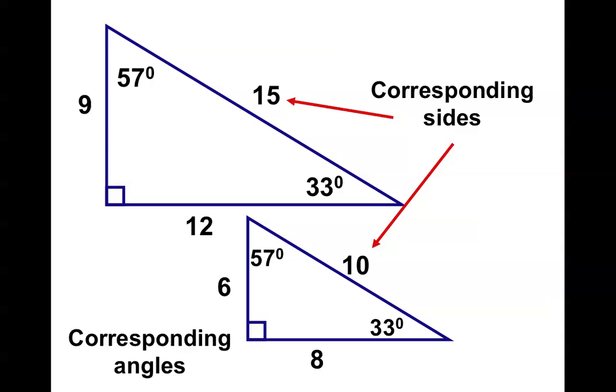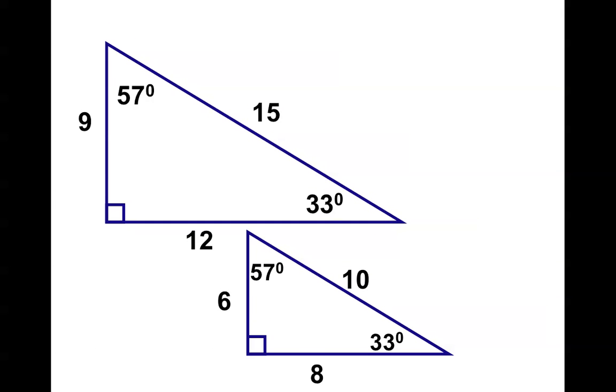Corresponding angles have to be equal to each other, and corresponding sides need to be proportional. So a real quick lesson here, or a review, is that proportional means that fractions equal fractions. So if I line up all my corresponding sides, I can tell if they're proportional. Notice, these are all my small triangle numbers, 10, 6, 8.